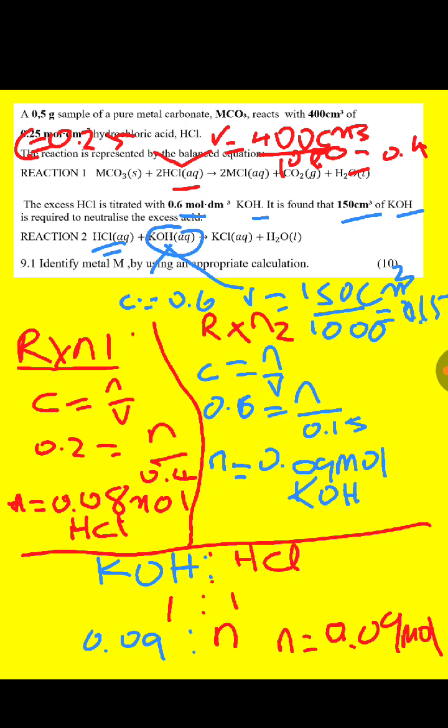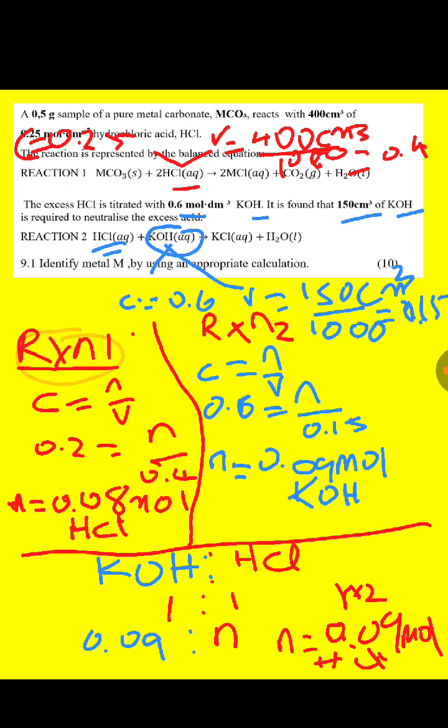Okay. Now this is the number of moles of HCl in reaction 2. In reaction 1, the number of moles of HCl. From reaction 1, we got this number of moles for HCl. That's reaction 1.